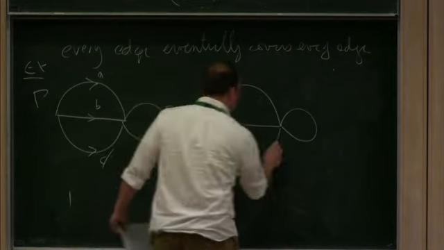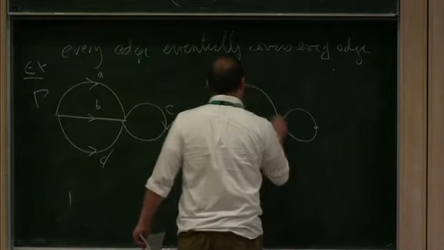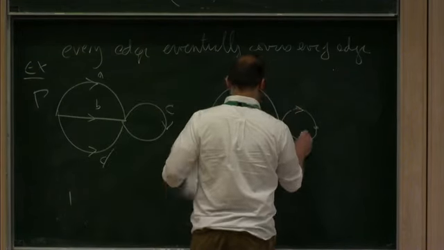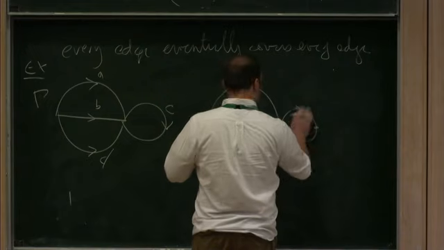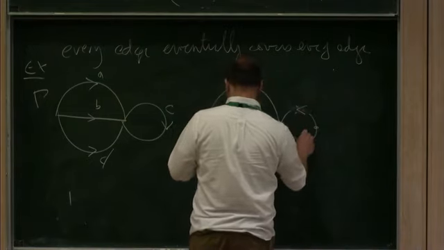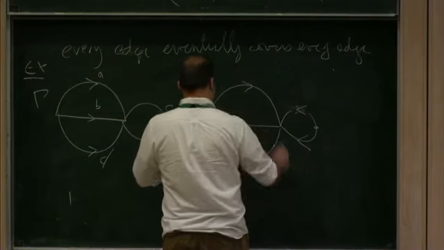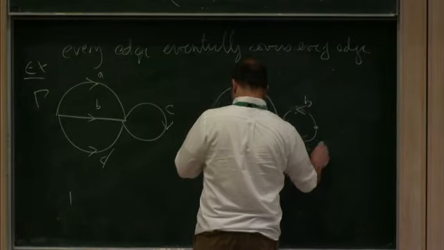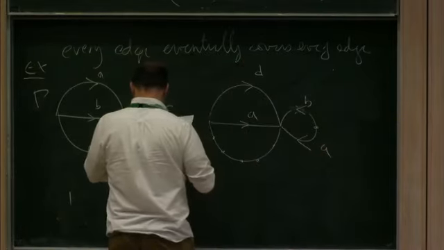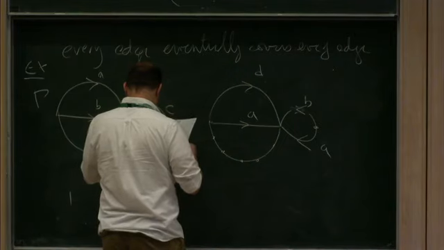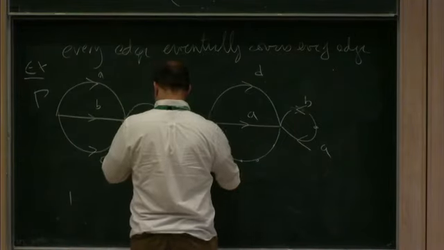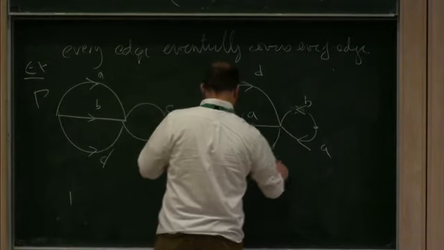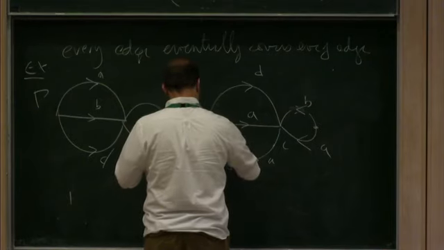So I'm going to subdivide and relabel the edges. So this is D, this is A, this is B, this is A, and this is B, A, D, B, A, C, and the directions go like this.